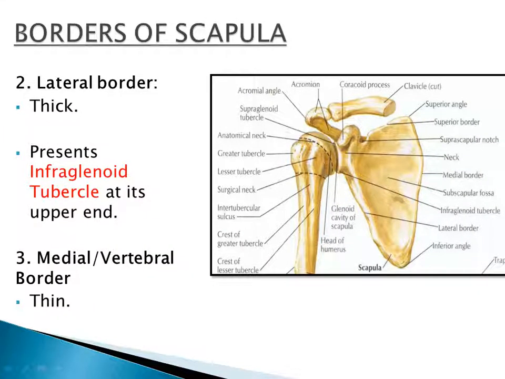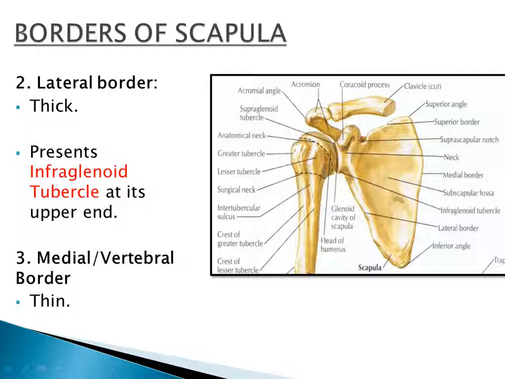The lateral border is the thickest border and it runs from the infraglenoid tubercle till the inferior angle. So this is the lateral border, which is running from the glenoid cavity up to the inferior angle, and it has an elevation which was discussed previously called the infraglenoid tubercle.